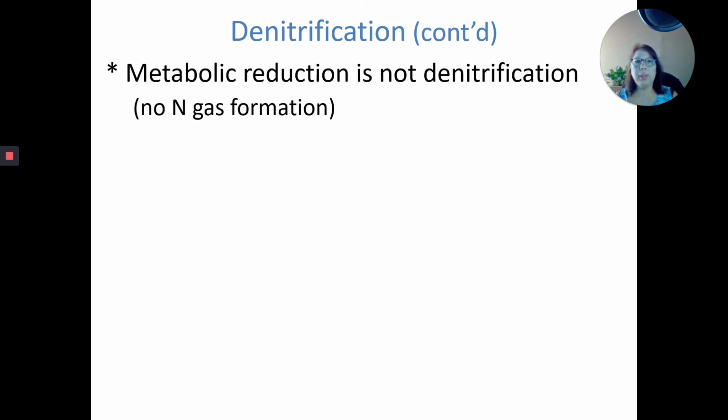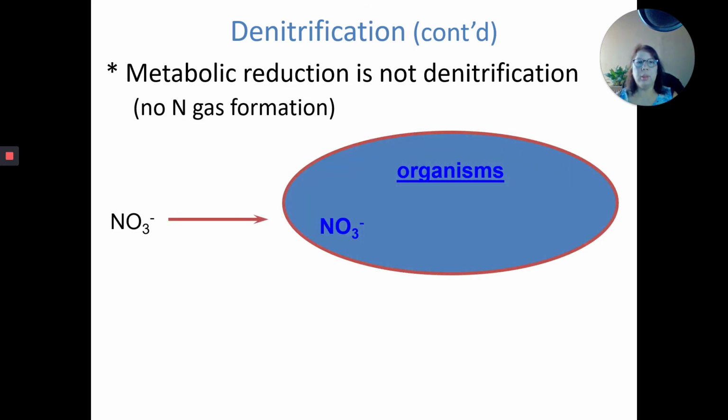Metabolic reduction is not denitrification. It is only no gas formation. So you have here NO3 to illustrate it chemically. You have the NO3, or the nitrogen-containing compound. Then inside the organism, the NO3 will be converted into NH4 and other organic nitrogen.